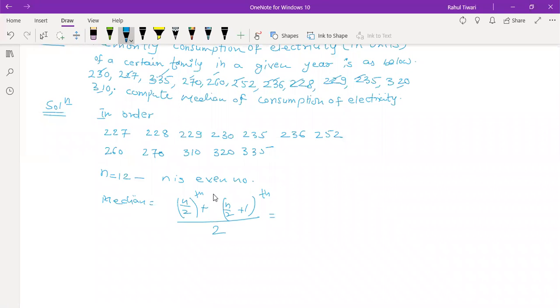So n is 12, so we will get the sixth observation in the ordered data set. So sixth observation plus seventh observation upon 2, in ordered data.